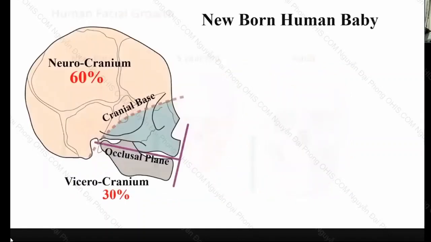Well, this is the newborn situation. In this human craniofacial complex, the neurocranium at that time is already something like 60% completed, but the visceral cranium, the facial part, is maybe only 30% completed, and the rest of the 70% we have to grow after birth, right?